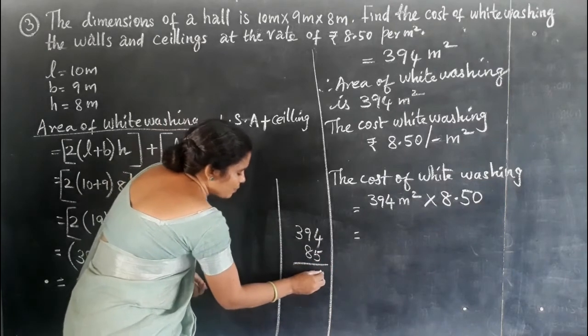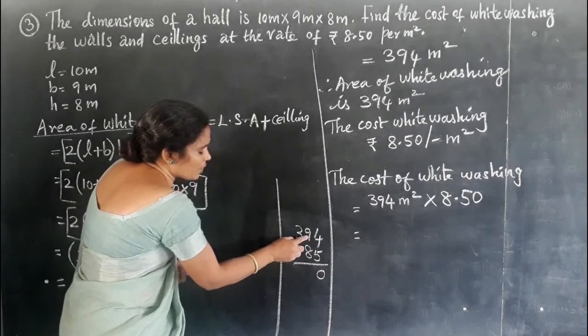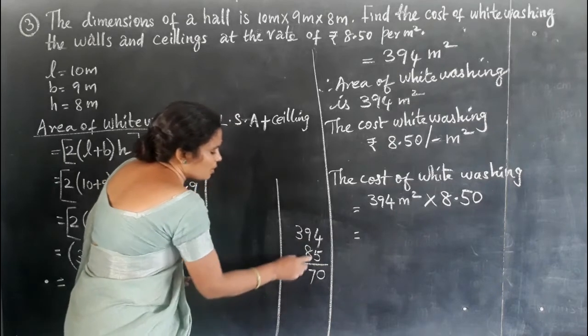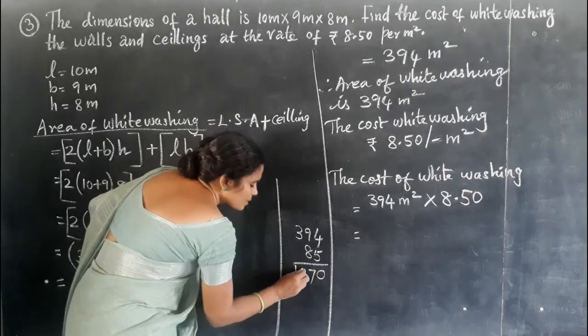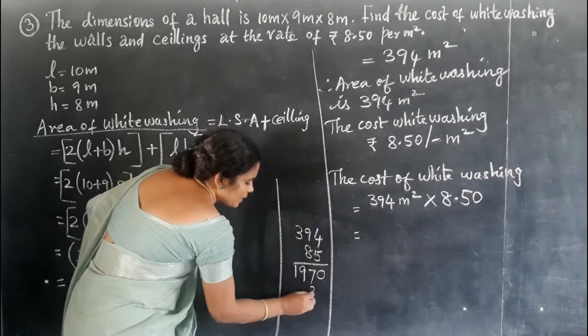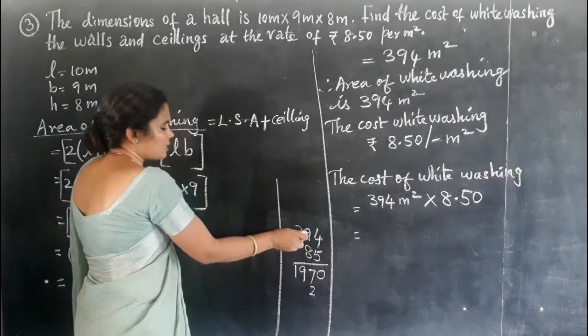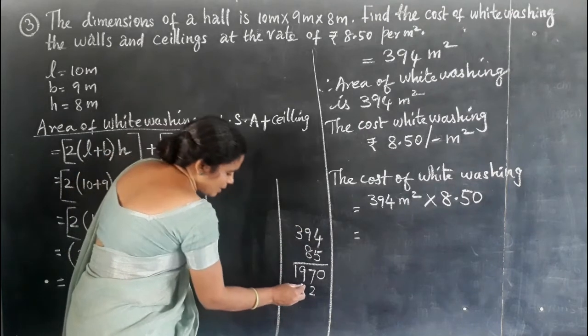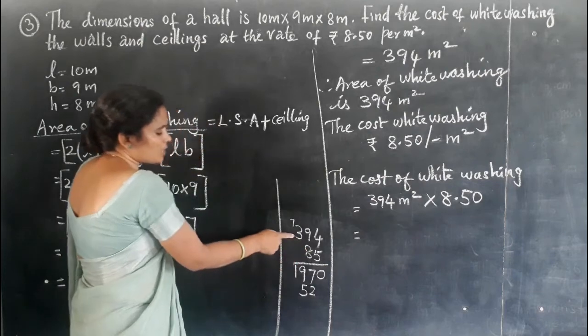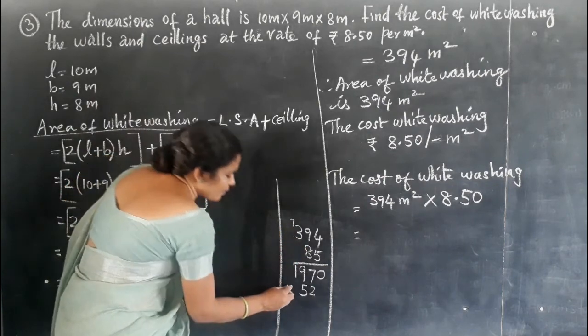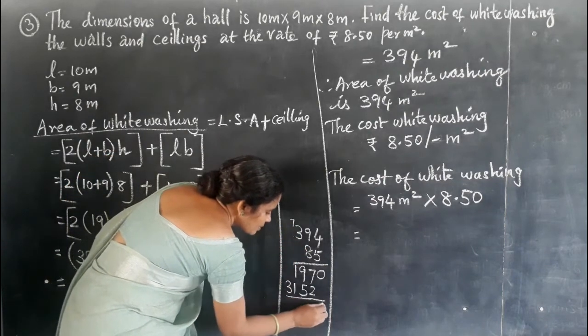So 8 5s, 5 4s are 20, remaining 2, 9 5s are 45, 46, 47, remaining 4, 5 3s are 15, 15 plus 4, 19, 8 4s are 32, remaining 3, 9 8s are 72, 72 plus 3, 75, remaining 7, 8 3s are 24, 24 plus 7, 31.